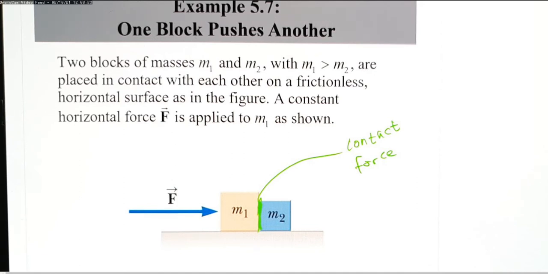In some problems you will find M3, and M2 is pushing M3. We want the force pushing M2, and that force is called the contact force, since they are in contact with each other. Again, this is a typical problem you'll find in most books and most probably you'll see it in the exam.